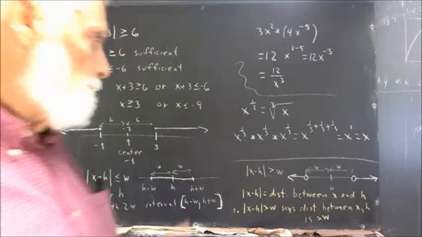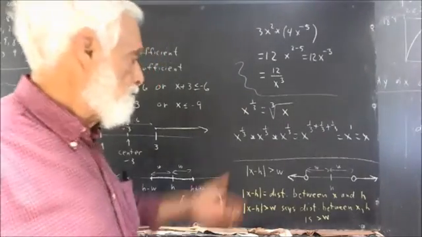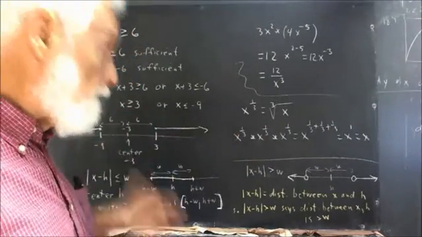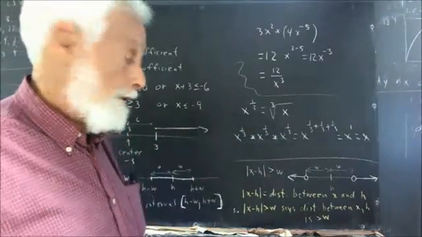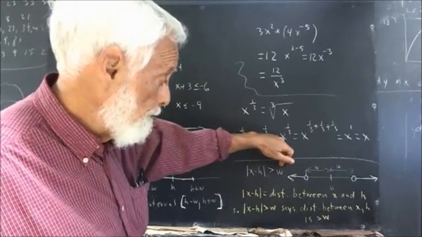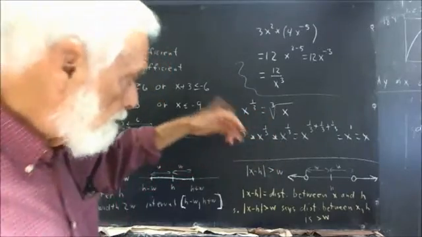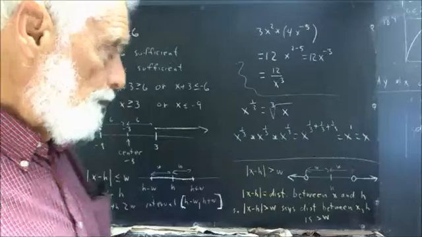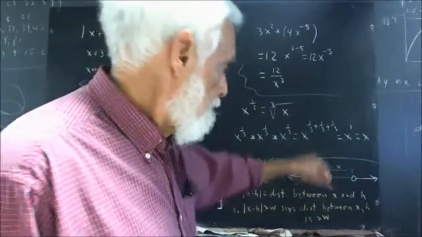Now this can be interpreted in terms of distances, because the absolute value of the difference between two numbers is the distance between those numbers on the number line. So to say that absolute value of x minus h is greater than w is to say that the distance between x and h is greater than w. So, well, here we have h.